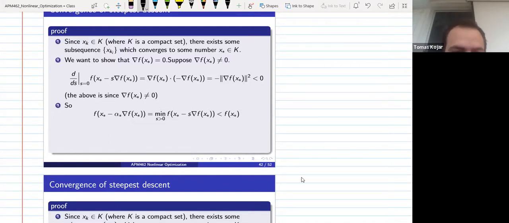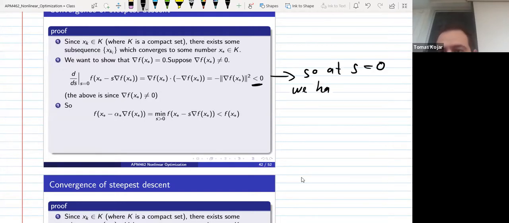The derivative is dropping, so you have a local max. This again implies that at s equals 0, we have a local max.